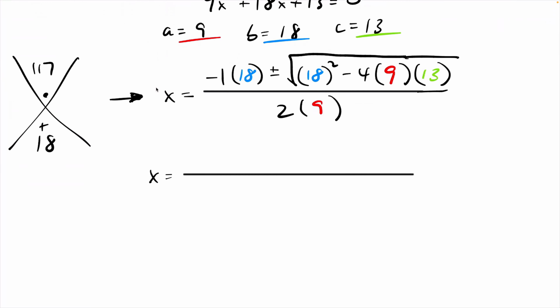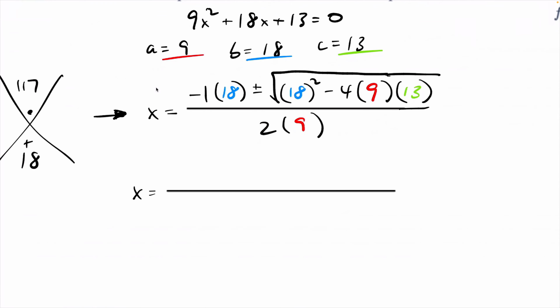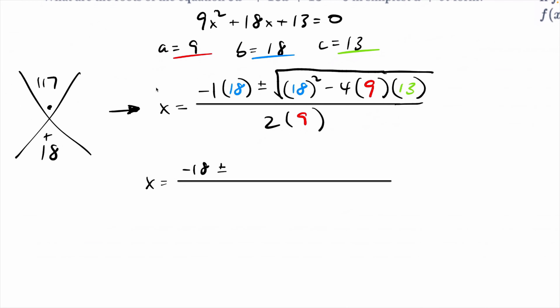Okay? Piece by piece. Start with the multiplication. Multiplication on the outside: -1 times 18 is -18. Then plus or minus the square root. 18 times 18, I think, is 324. If I remember correctly, it's 324.